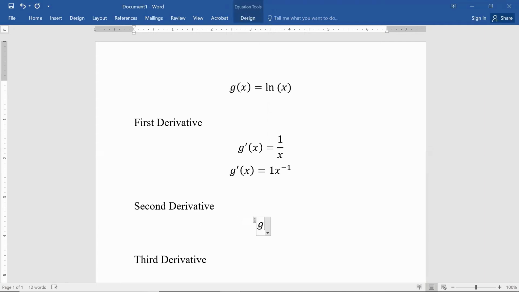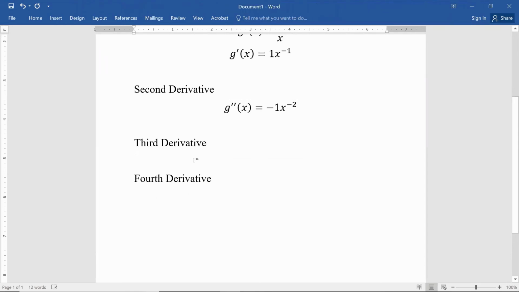So the second derivative, I'm going to utilize negative exponents. It's a little bit easier. So I take the -1 times 1 and get -1. I reduce the exponent by 1, and that makes the exponent a -2.